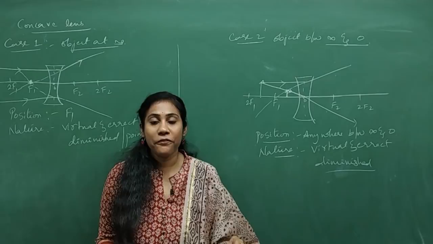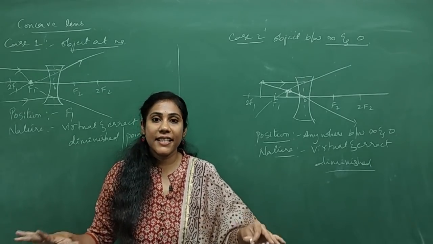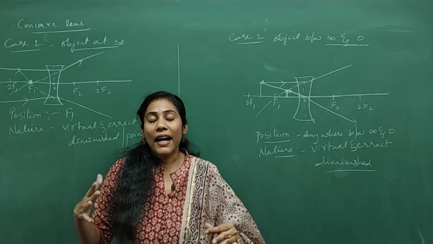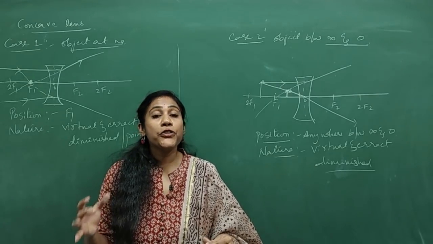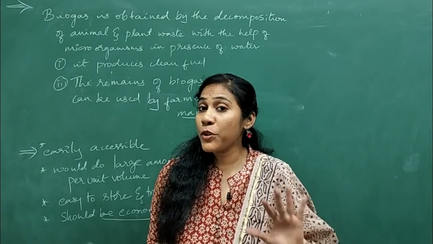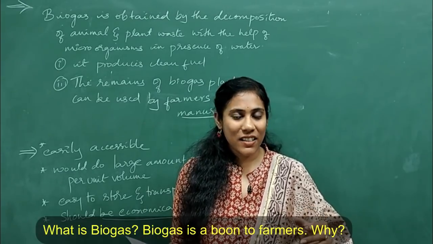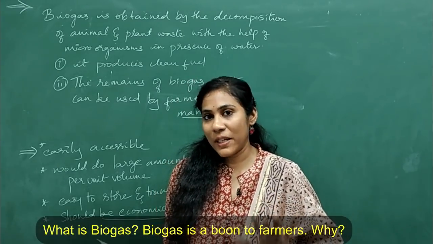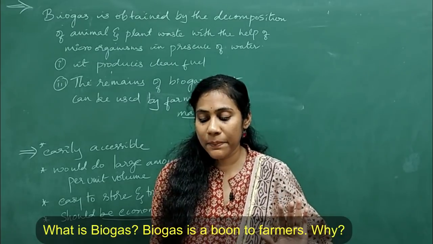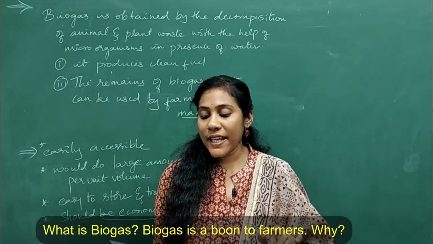Clear everybody? Fine. So with this I am completing refraction, that is the light chapter, and I will move on to the sources of energy. See the first question in sources of energy, which is the most important question. Definitely one question can be asked either for MCQ or 1 mark from this particular concept, that is about biogas. What is biogas?